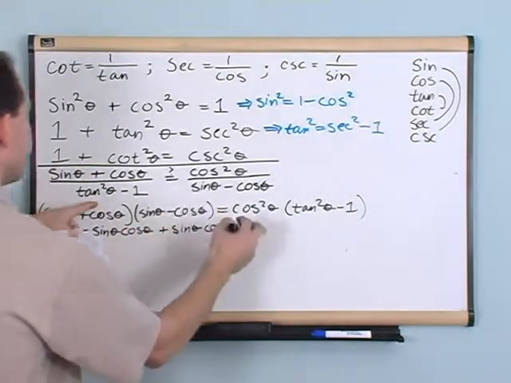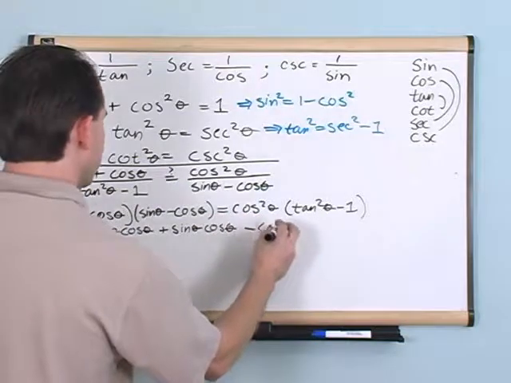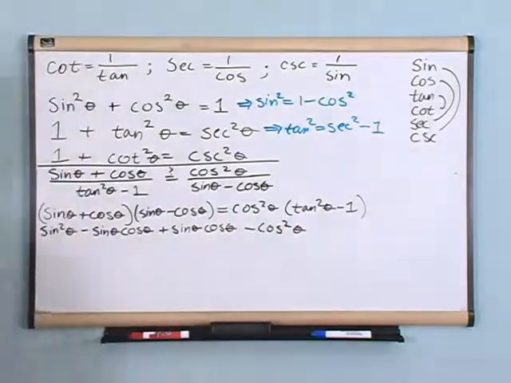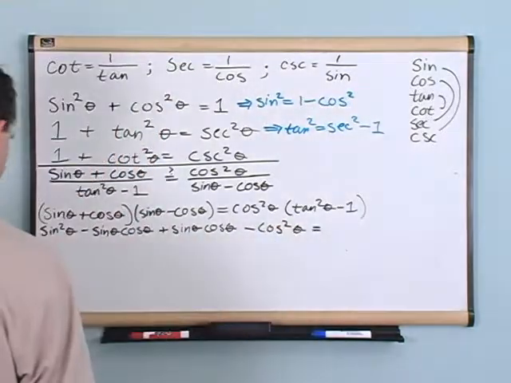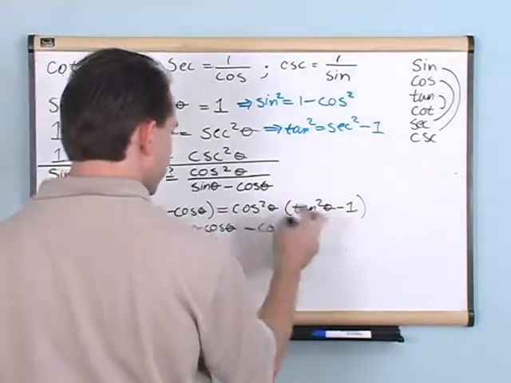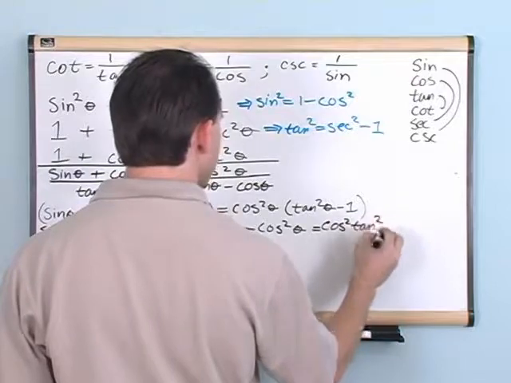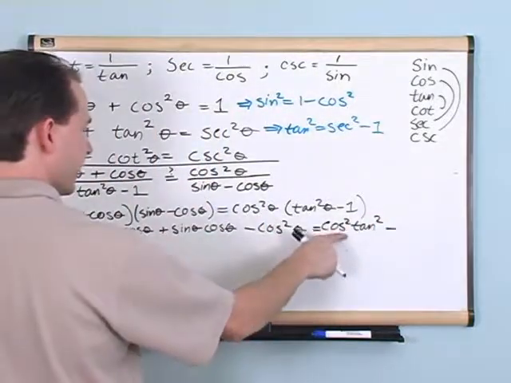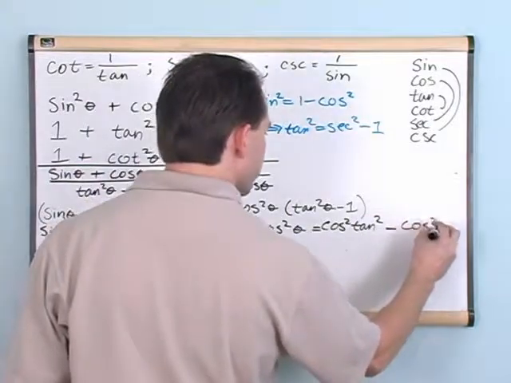And then the final term is negative times positive, which gives you negative cosine squared theta. And then on the right-hand side, when I multiply this out I have cosine squared times tangent squared, minus cosine squared times 1, which is just cosine squared.